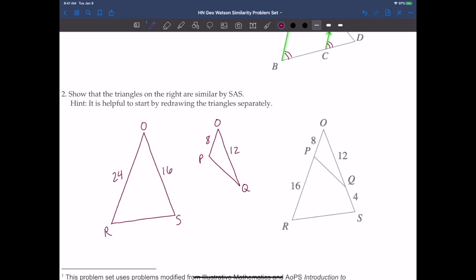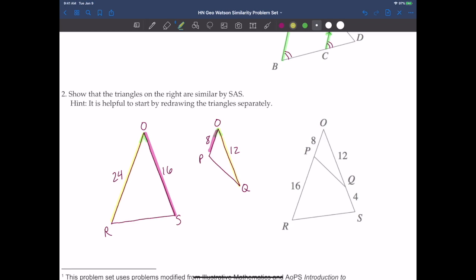Now that the triangles look like this, it's easier to see that we have SAS similarity because we see that we have a shared included angle and we have corresponding sides related by the same scale factor.